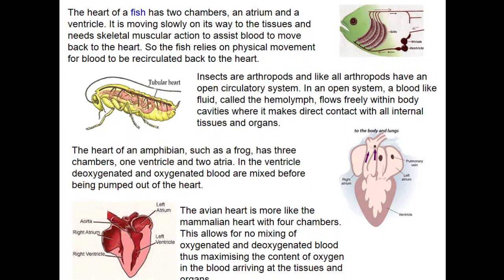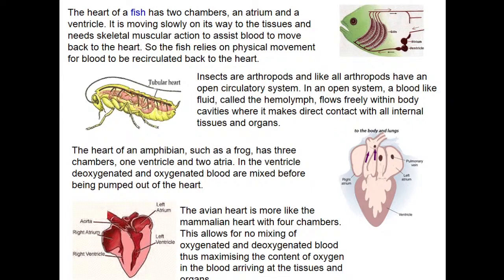Next layer. The heart of an amphibian such as a frog has three chambers, one ventricle and two atria. In the ventricle, the oxygenated and deoxygenated blood are mixed before being pumped out of the heart.